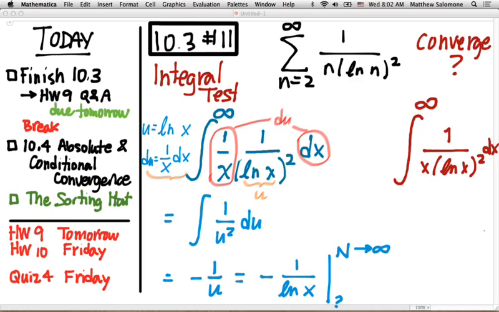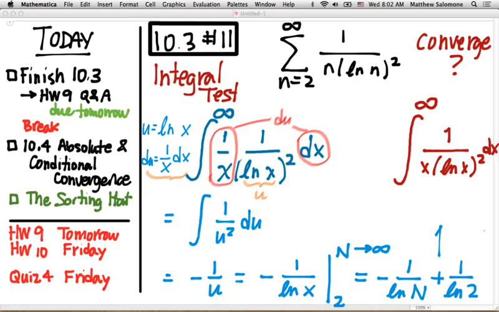Let's choose a lower limit now, just for fun. Let's say the lower limit is, I don't know, 2. Then when I evaluate this at n and I evaluate it at 2, I'm going to get negative 1 over the natural log of n minus negative 1 over the natural log of 2.